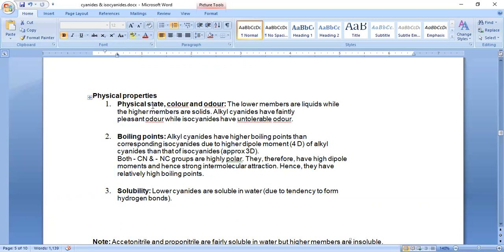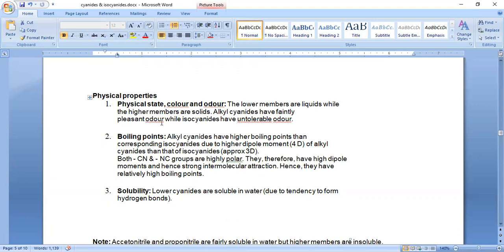Lower members means the cyanides which have fewer carbon atoms in the longest carbon chain. Such compounds generally exist in the liquid state, and the higher ones, having a high number of carbon atoms, exist as solids.